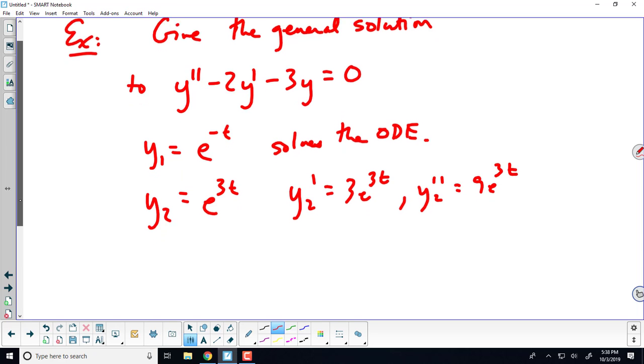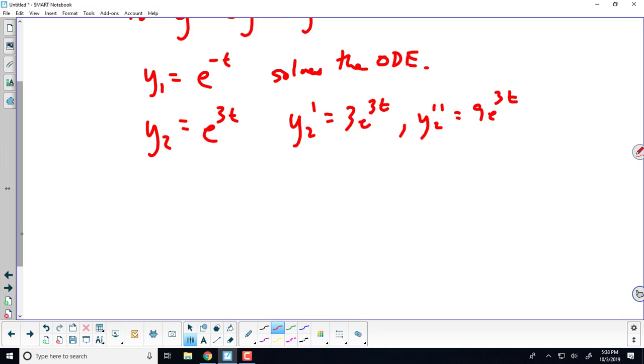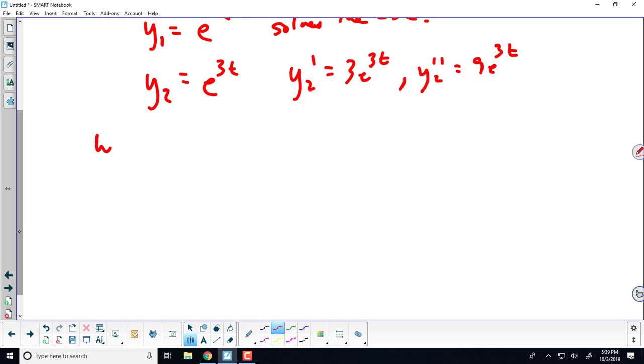So, I have 2 solutions. Is that enough to say that this is a basis? What do I still have to show? Yeah, I still have to show that they're linearly independent. So we have 2 solutions, which is the dimension of this vector space.